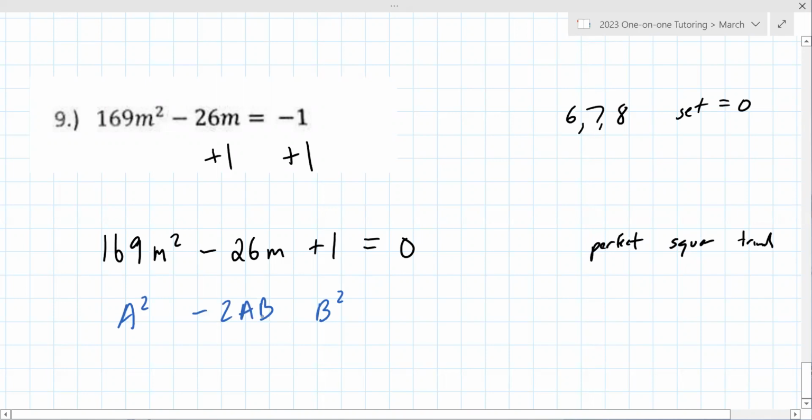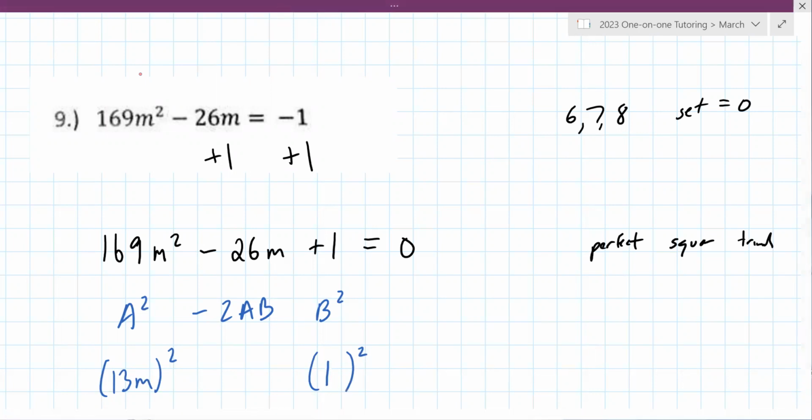Okay. Now you said you didn't have a calculator, so it makes this a little tough, but your a in this case is 13m. What is your b? What squared gets you back to 1? Just 1. Good.